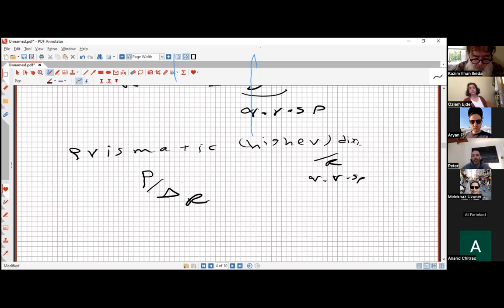So a prismatic higher display is a projective module over W delta of R, together with a decomposition for P into projective submodules, and a series of maps Fi from Li to P. This should be morally the divided Frobenius.